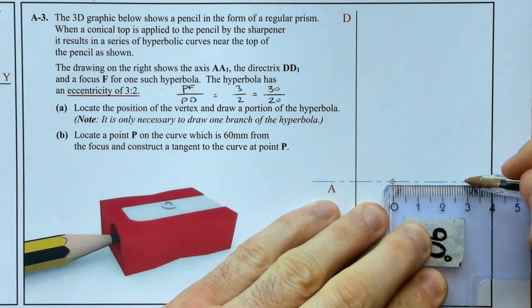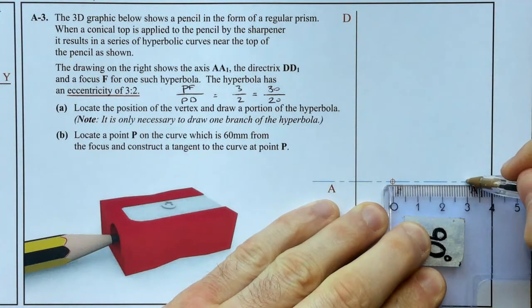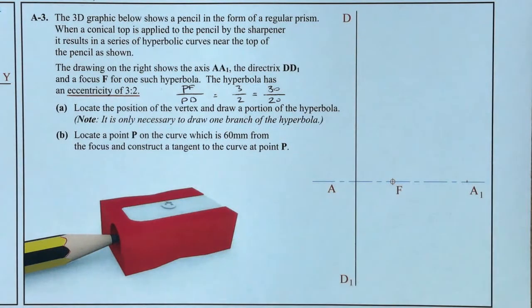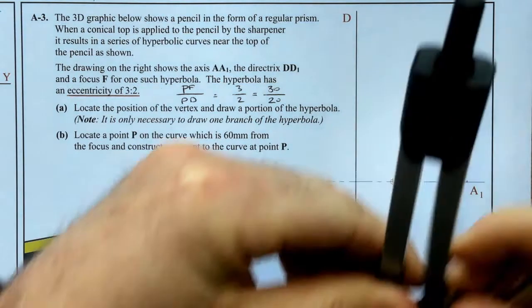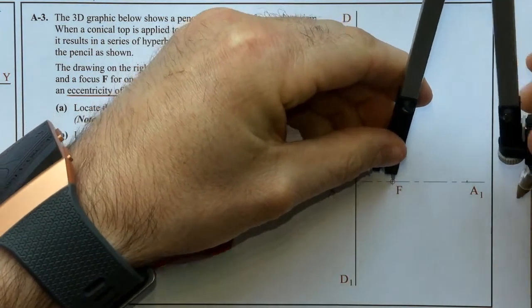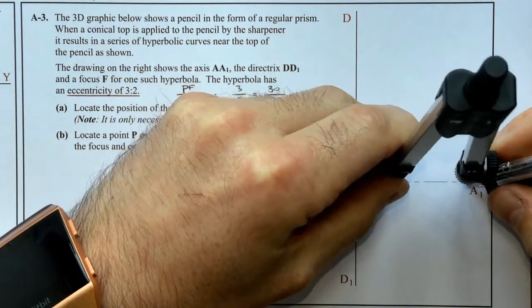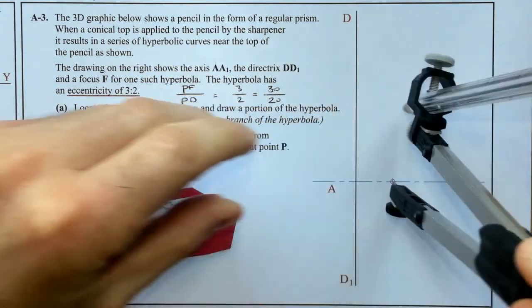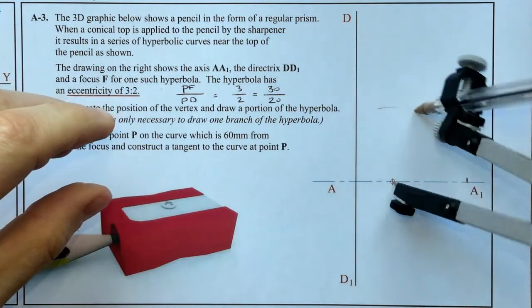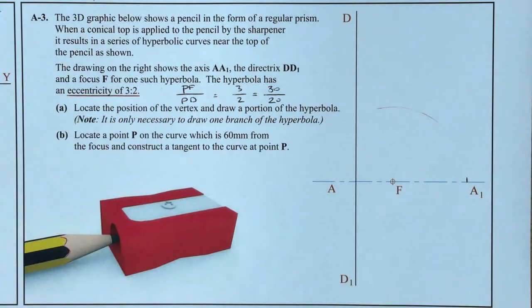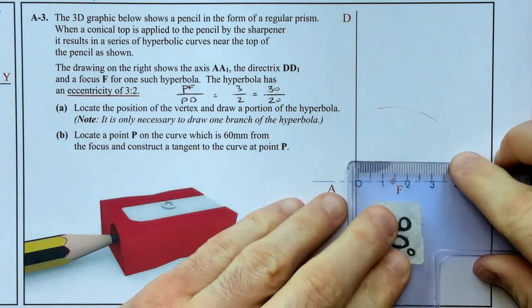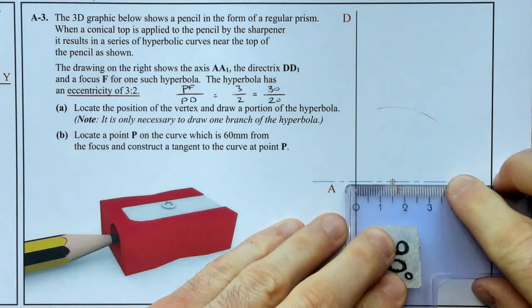Just going to mark 30 out here like that, and using my compass, okay, put my compass center point on the focus at 30 there. Just going to swing an arc here like that, and along that arc then, okay, from the directrix I'm going to measure out 20 millimeters.